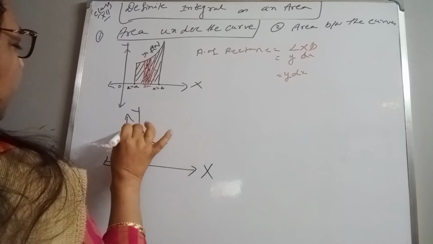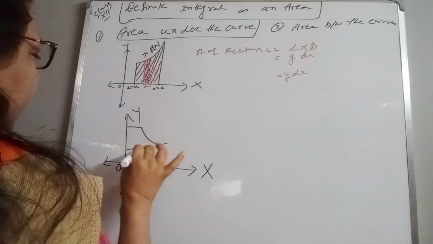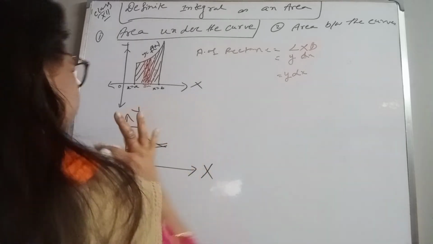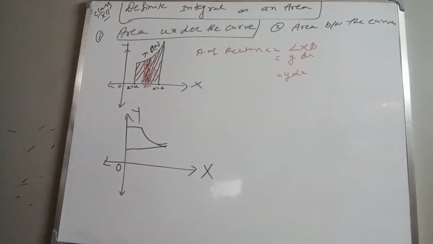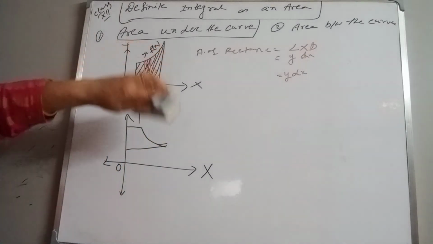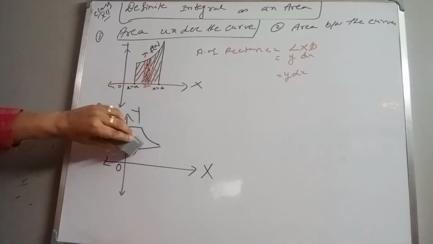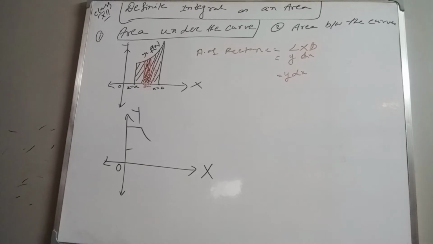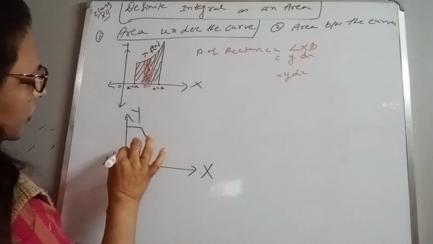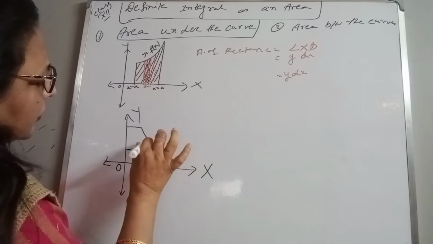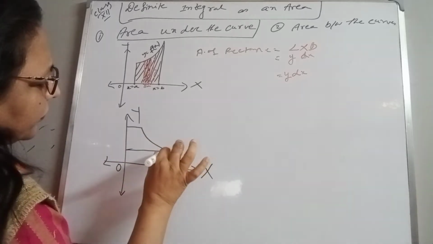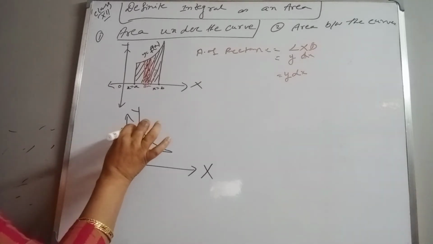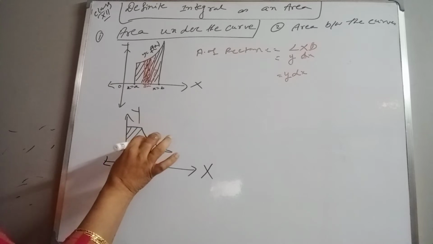See, if we draw the curve like this, now we have to find this area, same as before.